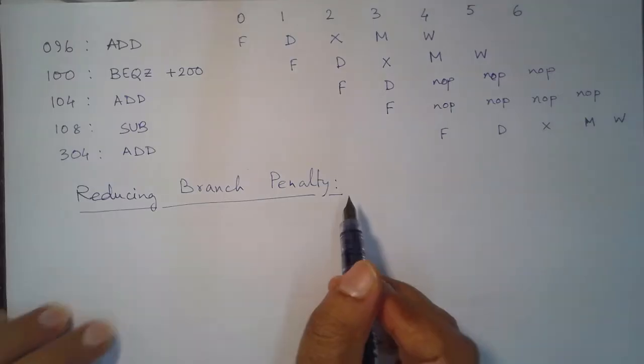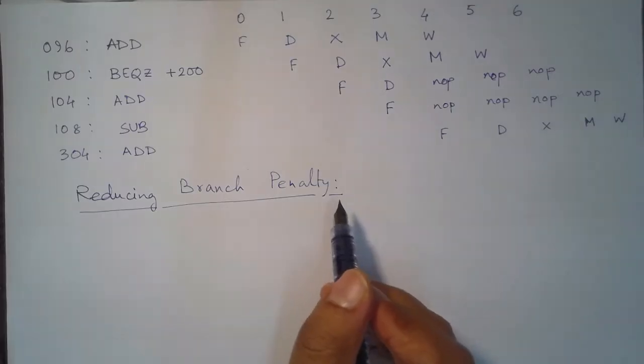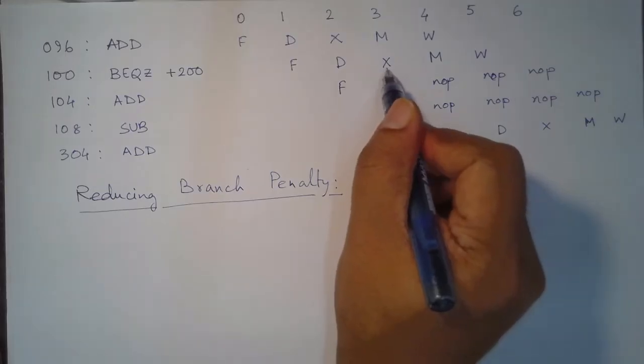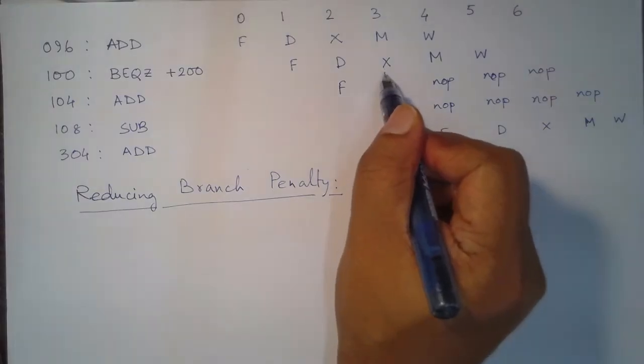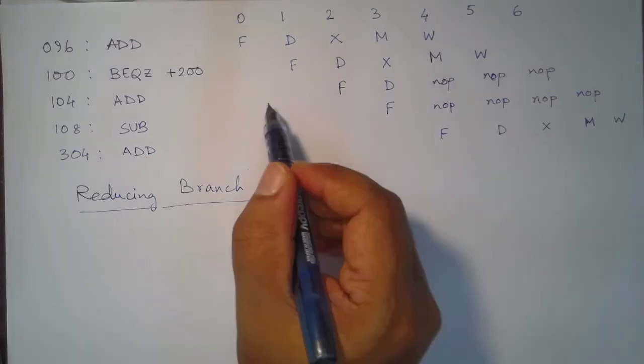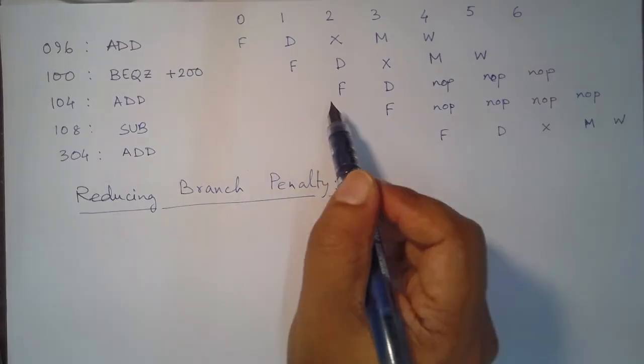So one very intuitive approach could be: instead of waiting for the execution stage, can we know the branch outcome in the decode stage itself?